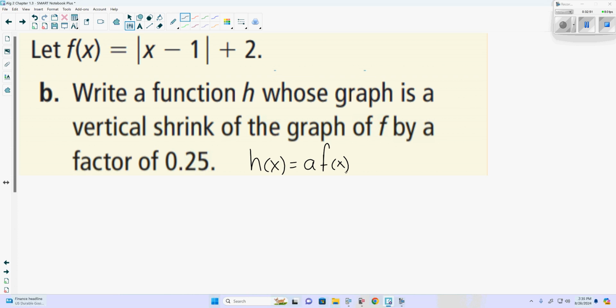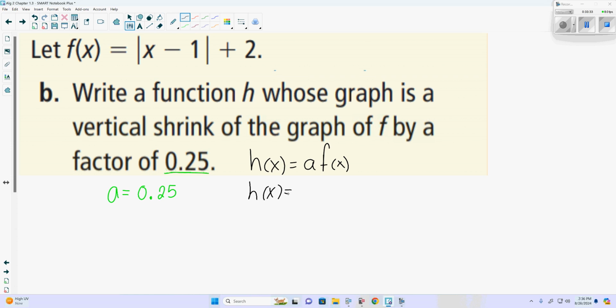The next one, the last one we're looking at today is this one here. Write a function h whose graph is a vertical shrink of the graph of f by a factor of 0.25. Well, what's our value of A? Well, it is 0.25. Because the problem told us what our vertical shrink is going to be.